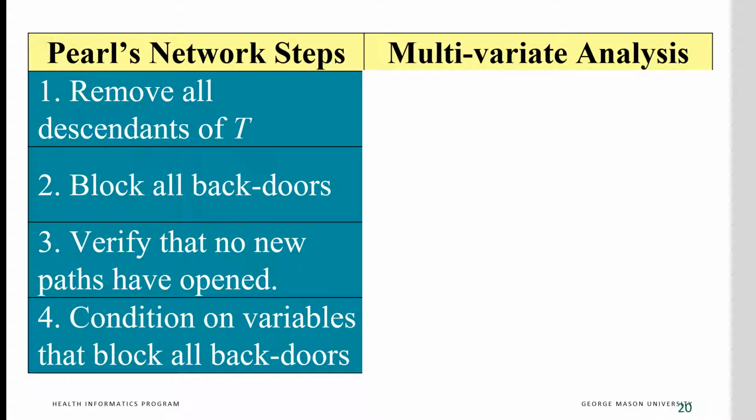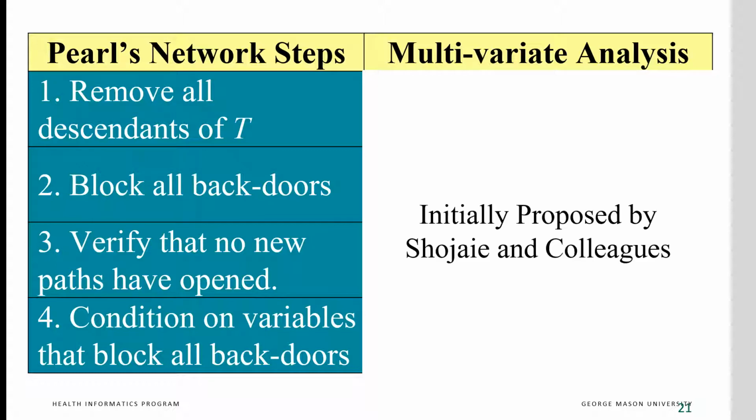For each step in Pearl's network-dependent do operation, there is an equivalent step using multivariable analysis. These steps take advantage of procedures initially proposed by Shojai and colleagues. They assume that the order of the occurrence of the variables is known. Inside electronic health records, this is easy to do as all events are date and time stamped, so we know the order of occurrence of the events.